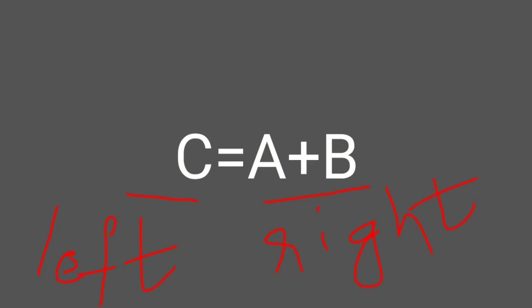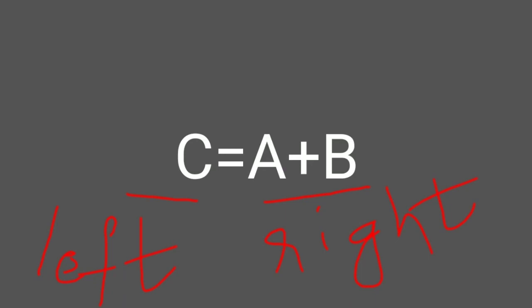Here our left side is c. Whatever comes before the equal sign is the left side, and whatever comes after the equal sign is our right side. So here whatever comes over the right side will get assigned to the left side. Here a plus b is our right side.